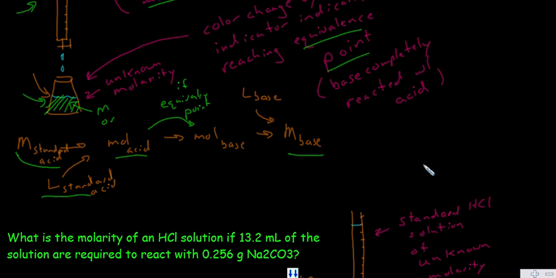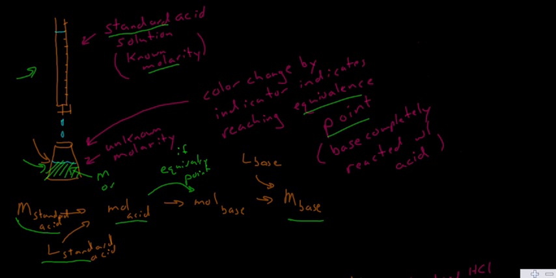Now, how do we get these standard solutions? Well, you might think that the solution I make up, say I make up a 0.8 molar HCl solution, is precisely 0.800 molar HCl solution. But in fact, it's not unless I actually test it.